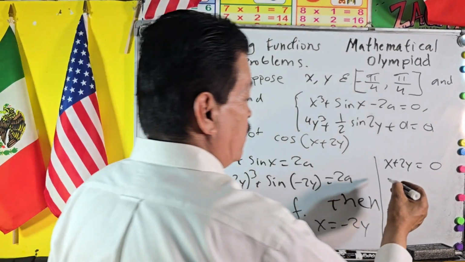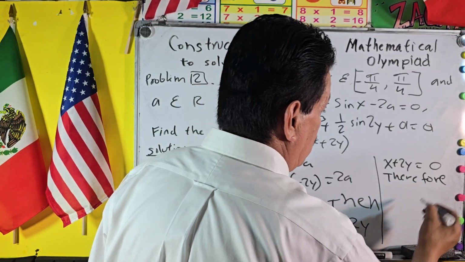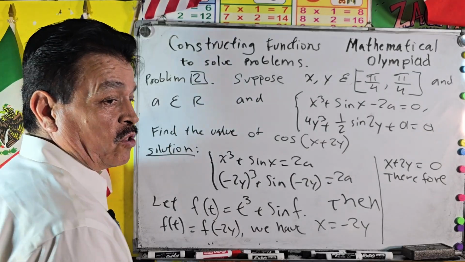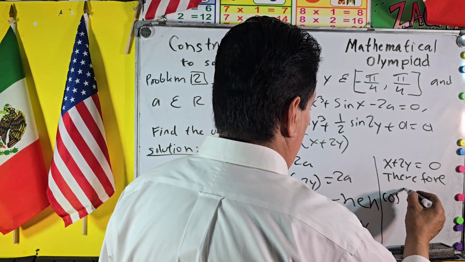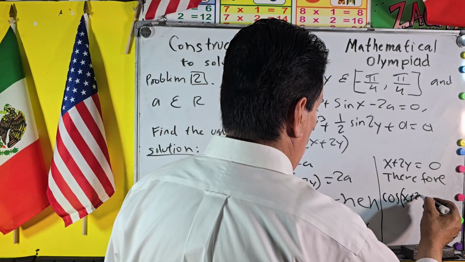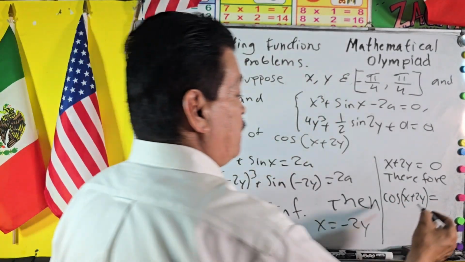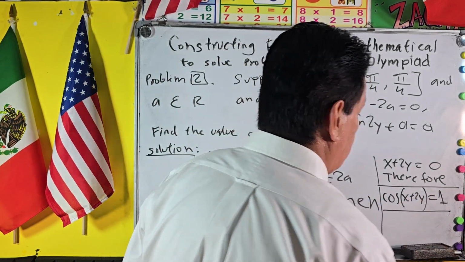Therefore, we can find the cosine of x plus 2y, which equals 1. This is our solution, all right?